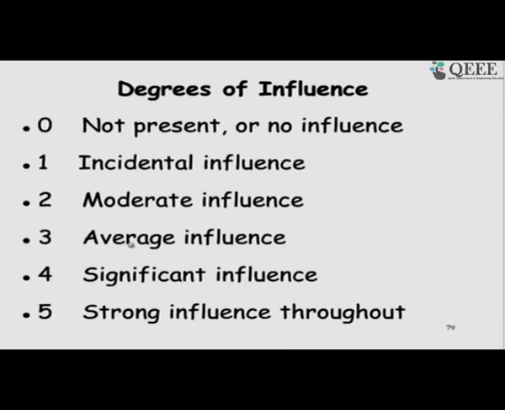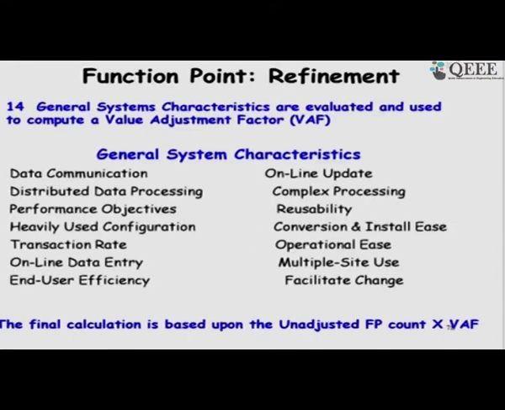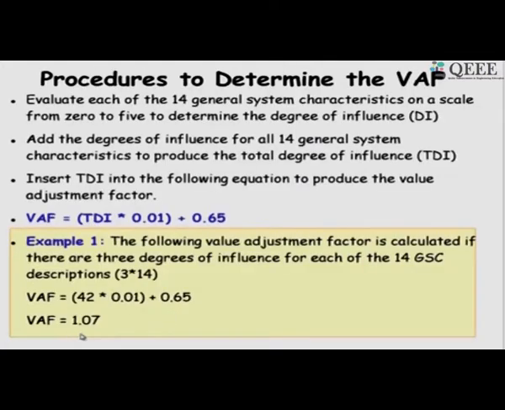If you can see the data communication requirement, whether there is distributed processing, transaction rate, reusability, etc., all we made average, and in that case the value adjustment factor will become 1.07.